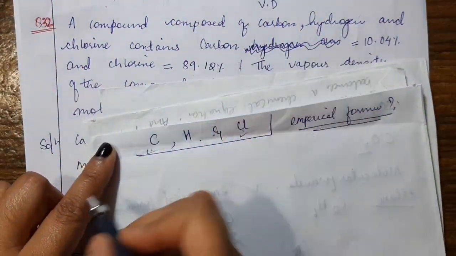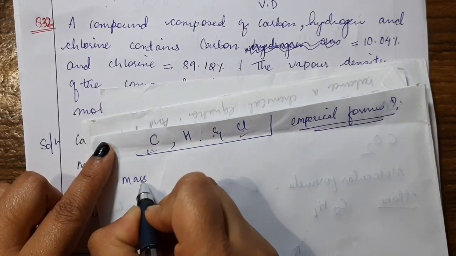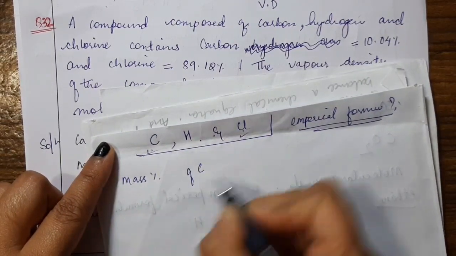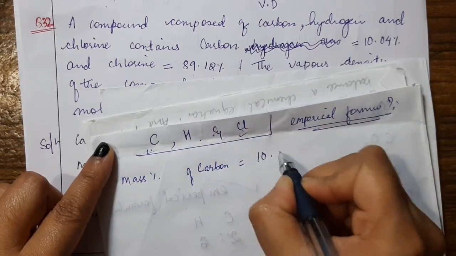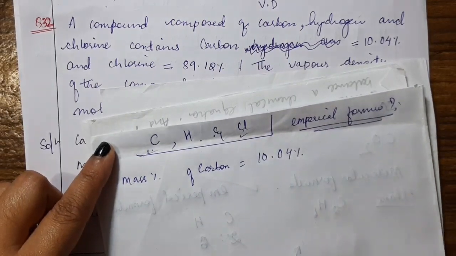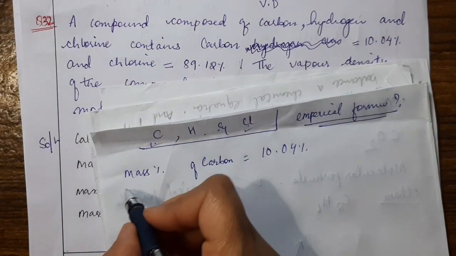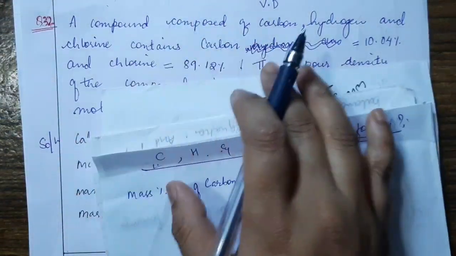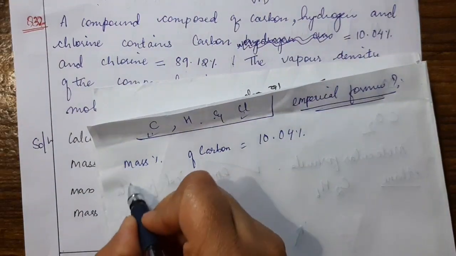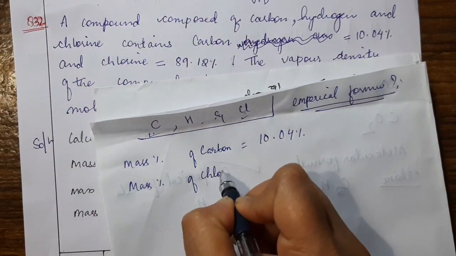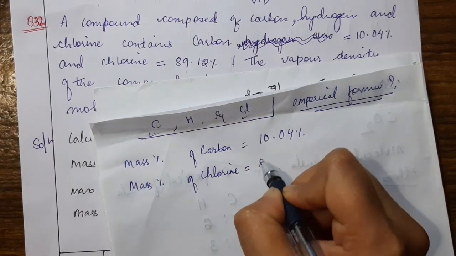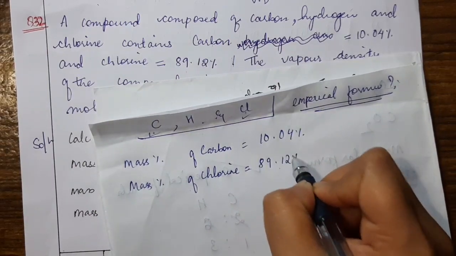So first thing, the mass percent of carbon is given, it is 10.04%. Okay, that you'll write. Then you are given the mass percent of chlorine, that is 89.12%.